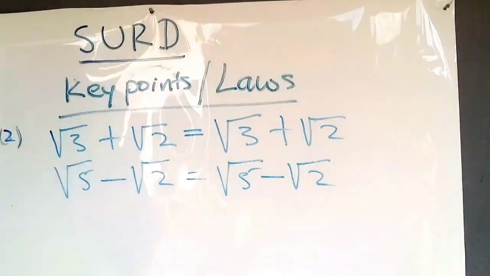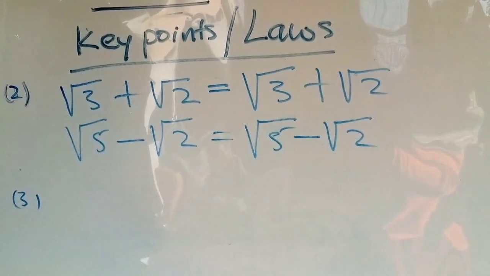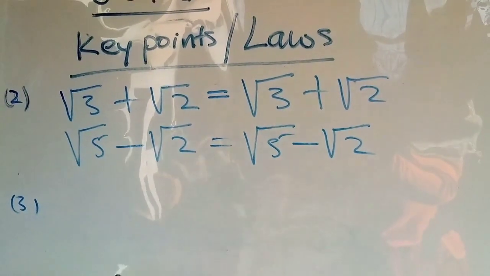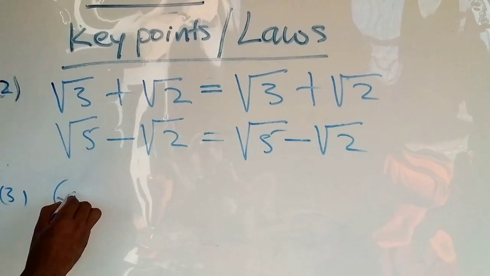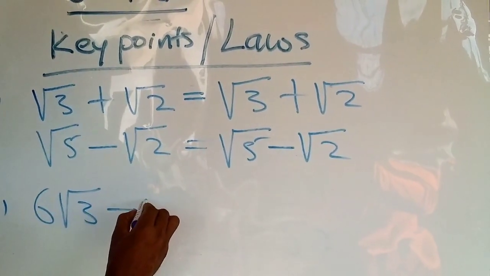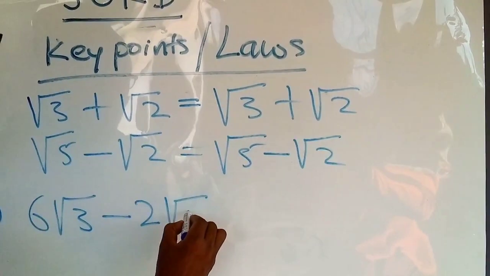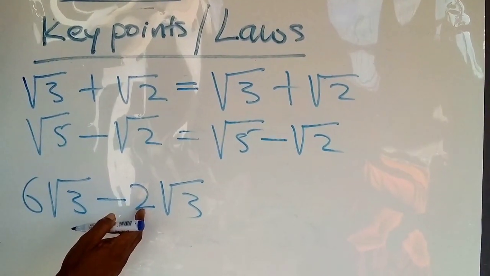Another important point, you can only subtract surds that are of the same number or integer. For instance, if I have 6√3 minus 2√3, I simply say 6 minus 2, that will give me 4.